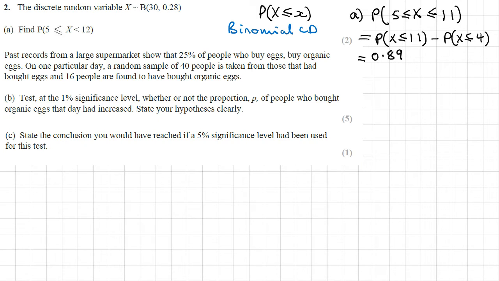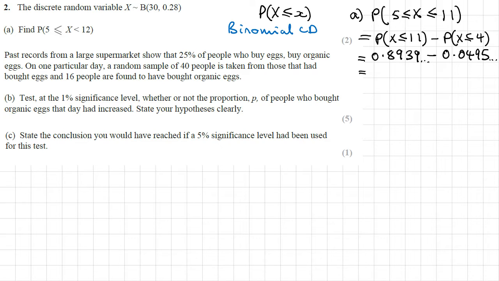So to 4 decimal places, the probability that x is less than or equal to 11 is 0.8939, and the probability that x is less than or equal to 4 is 0.0495.